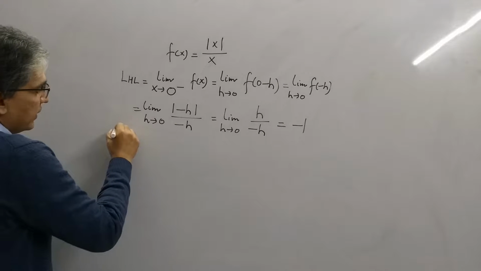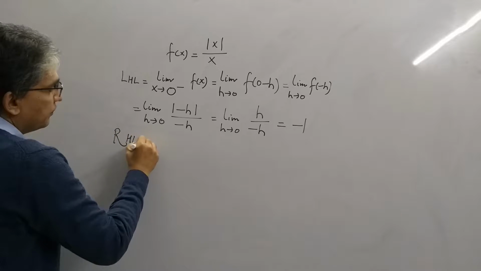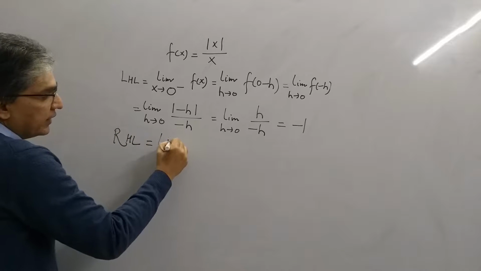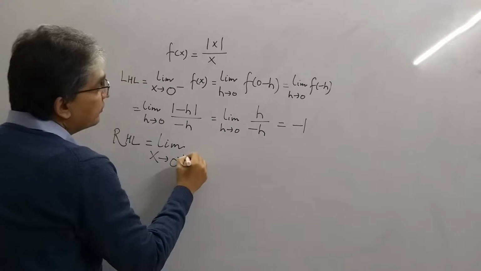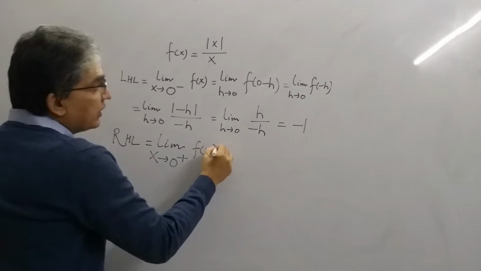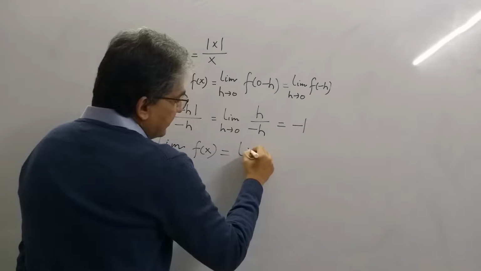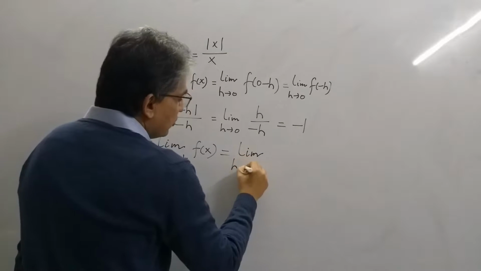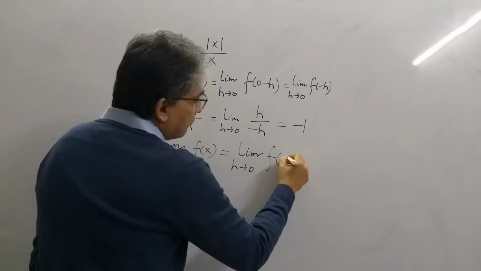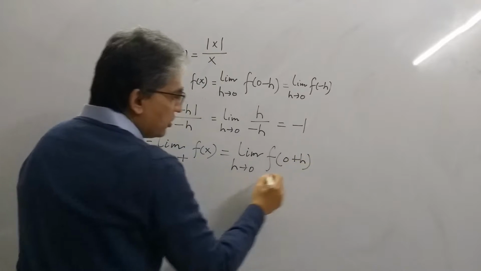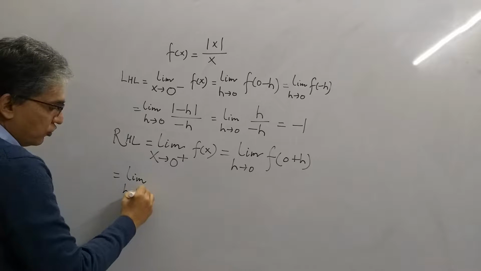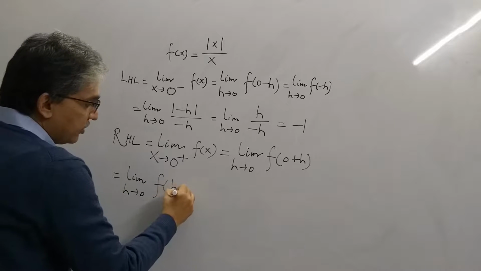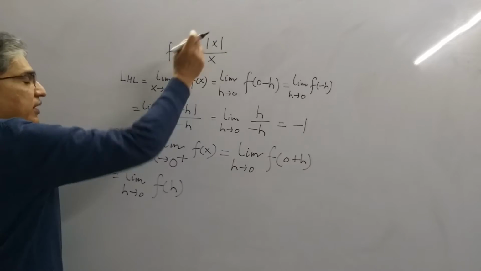Now let's check with the right hand limit. So repetition of the process. Limit x tends to 0 positive f(x). Our method tells us this will be limit h tends to 0 f(0 plus h). This is limit h tends to 0 f(h). I have to put h here.